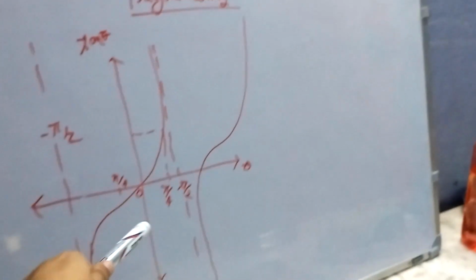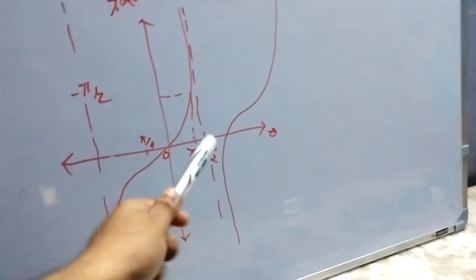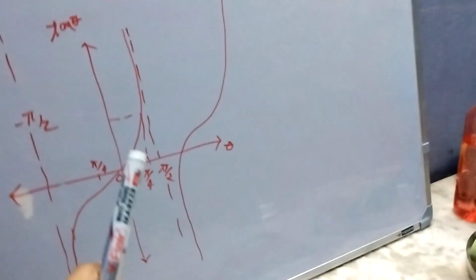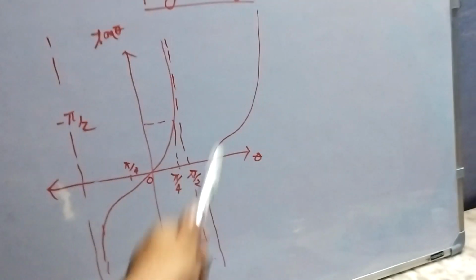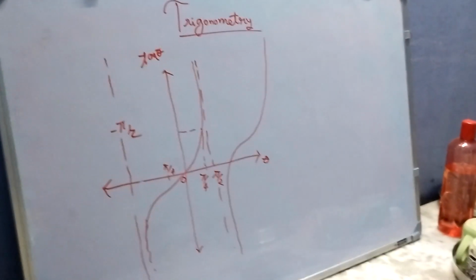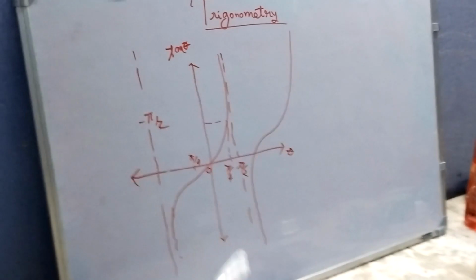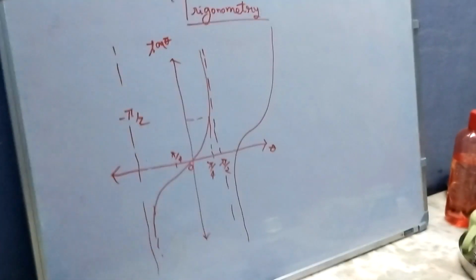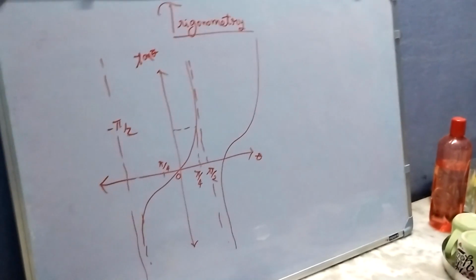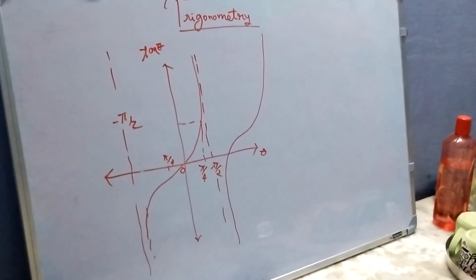Means every after pi by 2 to pi by 2 and then 3 pi by 2, 5 pi by 2, the tan theta graph snaps and again forms. So this is a bit abstract idea. So in class 10 you will not be requiring this, but for your general knowledge this graph is essential, right? I hope you have drawn this. So I will be rubbing it, pause it and draw it every time, right?